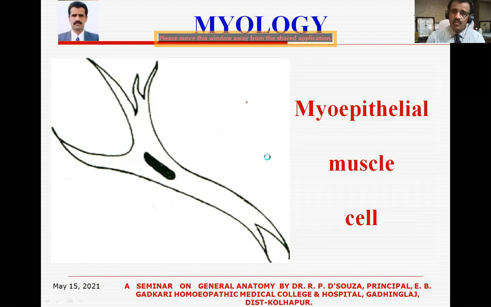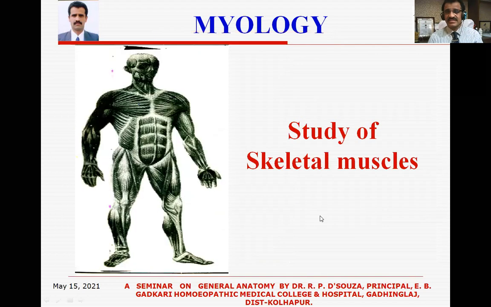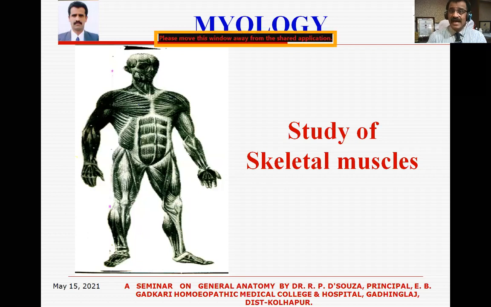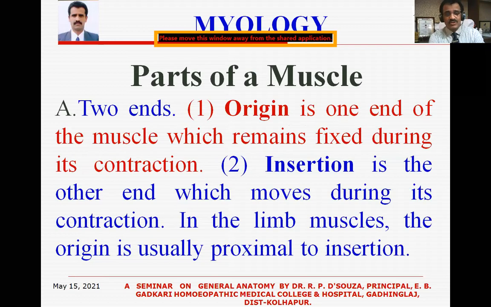Now let us go back to the muscles of the skeleton, that is skeletal muscle, study of skeletal muscle. Here in an image you can see a human being who is showing the muscles of his body, and that is the actual musculature of a human body. And now is the time to study various parts of a muscle.